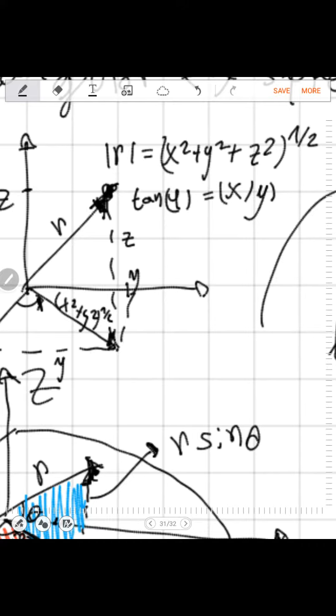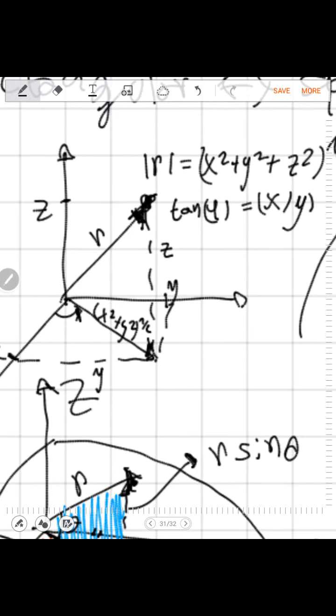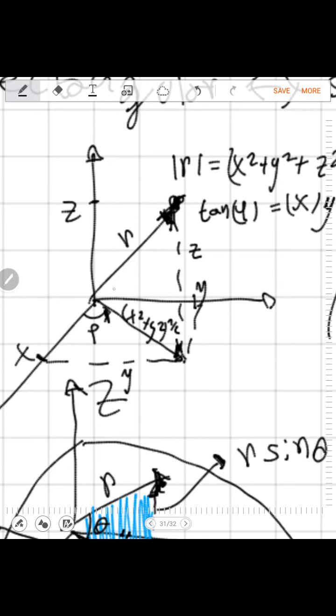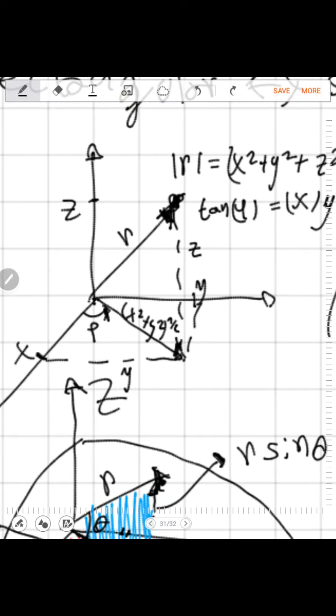You need to take into account in what quadrant you are to know the exact angle, because the calculators don't work for every case because they are defined in an interval. Now let us see that we can also easily find the angle theta here.